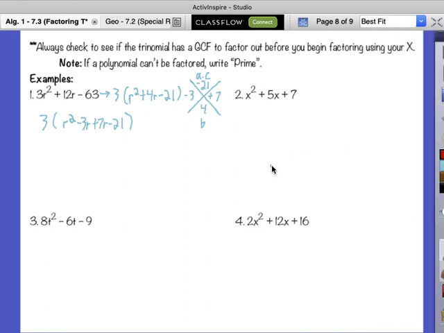Now inside the parentheses, we'll make 2 more parentheses. It's the same thing as what we've been doing, except now this 3 is just going to be out in front the whole time. Why? Because we had to take out our 3 to begin with, and we can't just have it poof go away, because then all of a sudden we're dealing with a different problem.